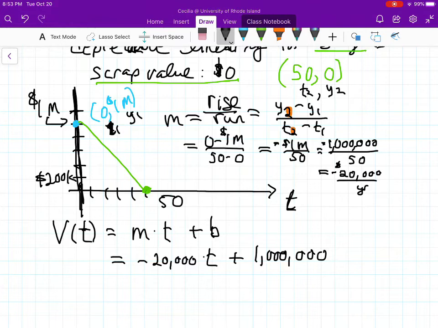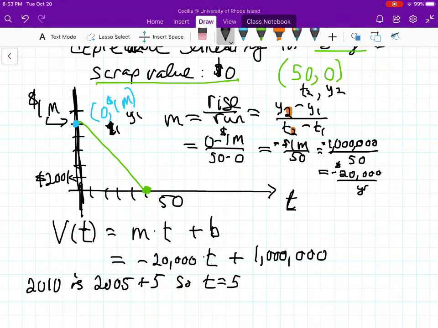So what's the book value of the building in 2010? Well, in order to answer that question, we need to think about what's 2010 in terms of t. Well, it's 2005 plus 5 years. So that means t has to be 5 because we associated t equals 0 with 2005.